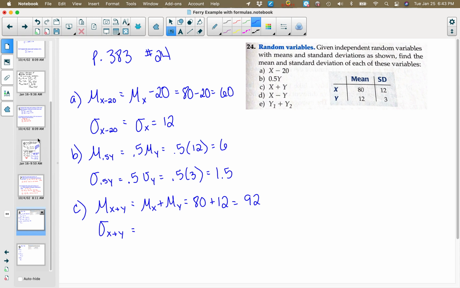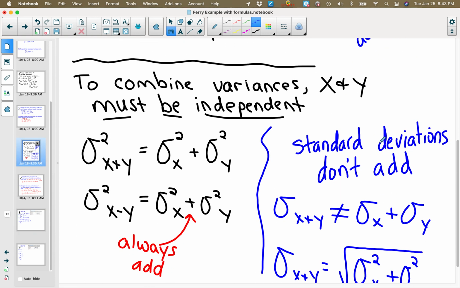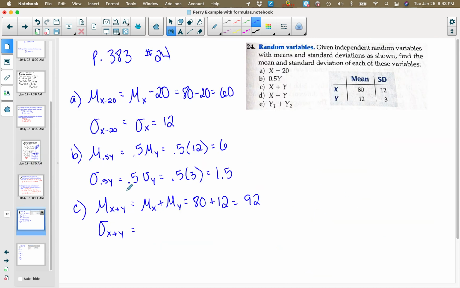Well, remember that variances or standard deviations don't add. Variances do. So on a problem like this, we have to go to the variance. So we have to figure out sigma squared x plus y. And because we were told they're independent, we can add the variances. So we got to square these.